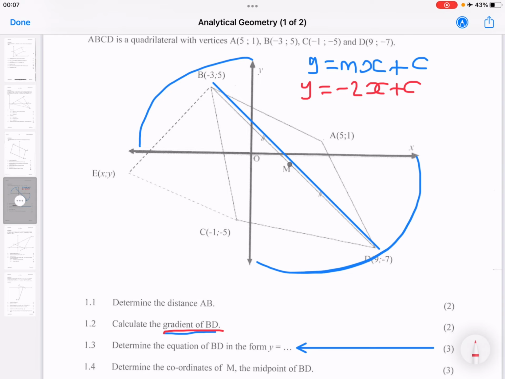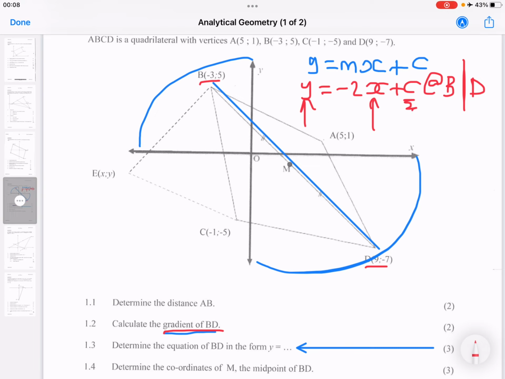It seems like you've got 2 points there. You can use that point or that point. It's up to you which point you use. Maybe you can use point B or you can use point D. Then you substitute your y value, you substitute your x value, you calculate c.